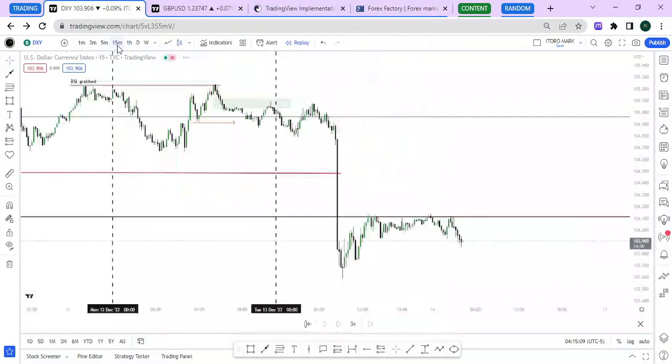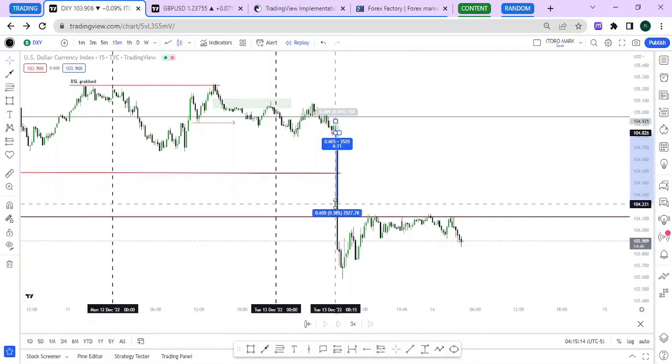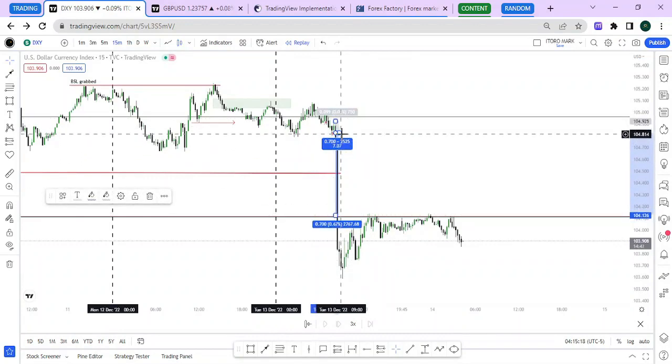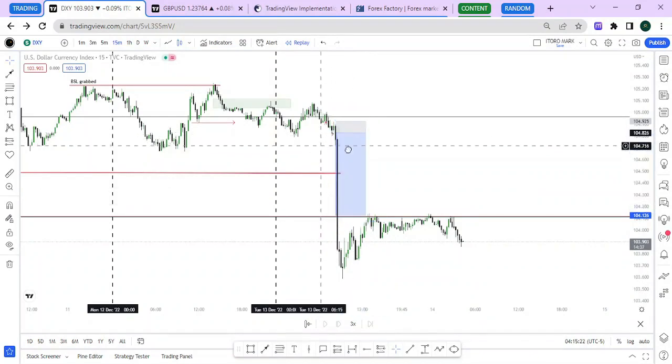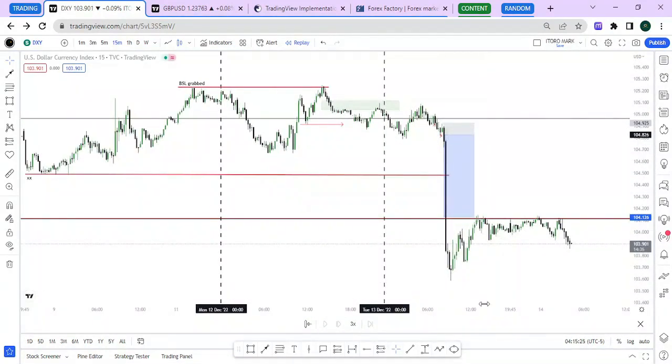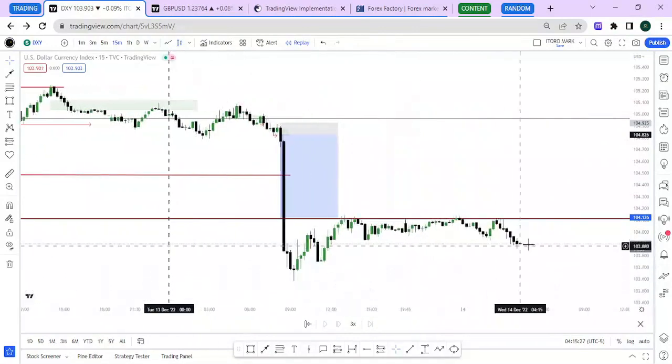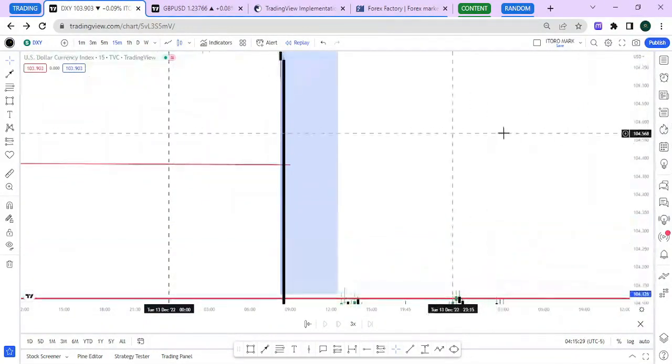Let's use this. As you can see, that would have been an easy trade on DXY. It's not about the entry, it's about the logic before the entry.